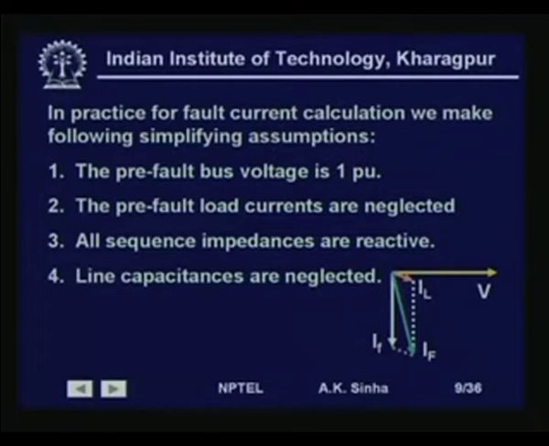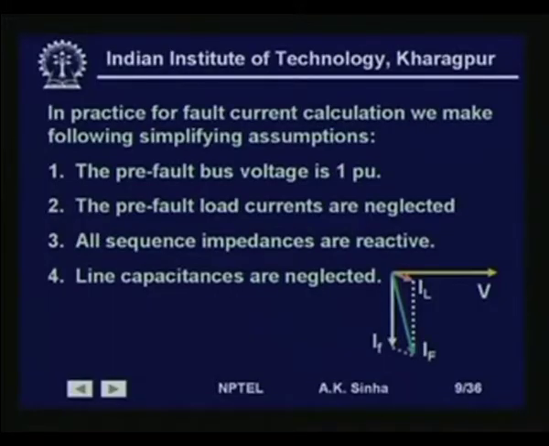However, if we look at this phasor diagram, where this is the voltage phasor, then the load current phasor will be very much in phase with this voltage phasor, because the load currents will have a power factor of the order of 0.85, 0.9 or so.